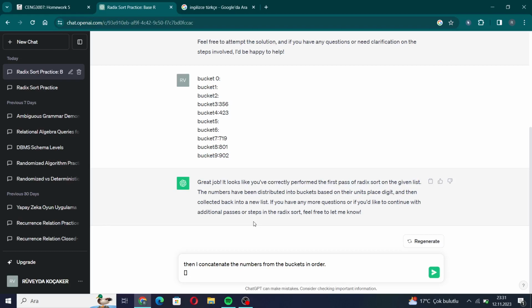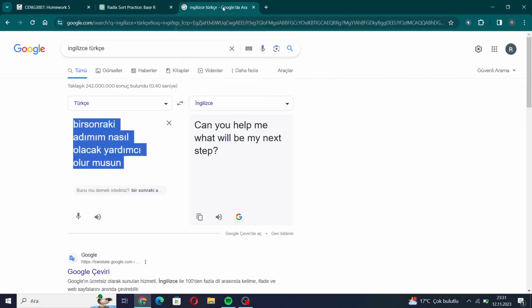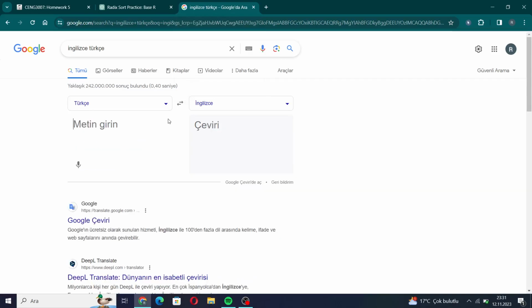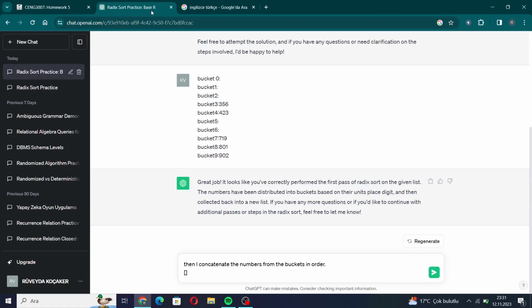So bucket 3, I forgot, sorry. There is empty, and I will start this one. Then this group.